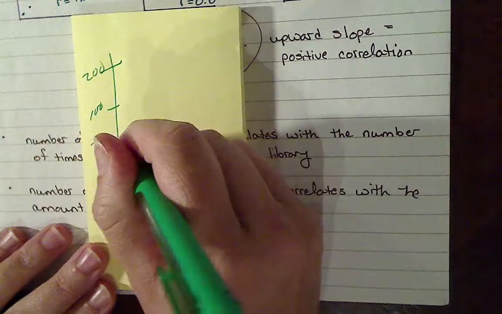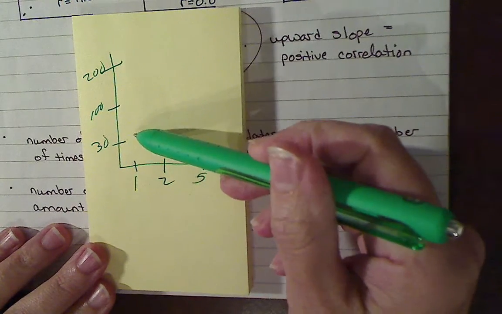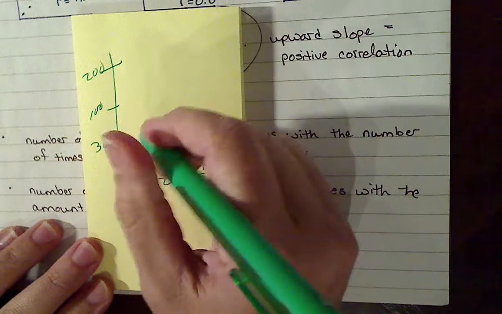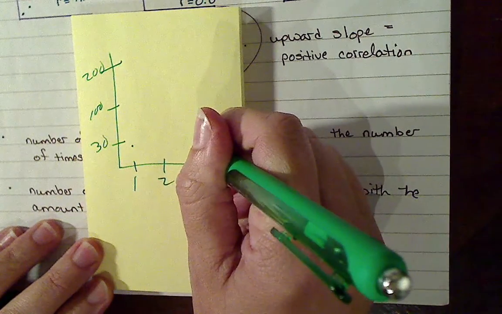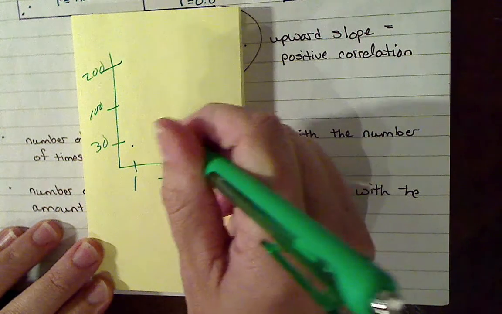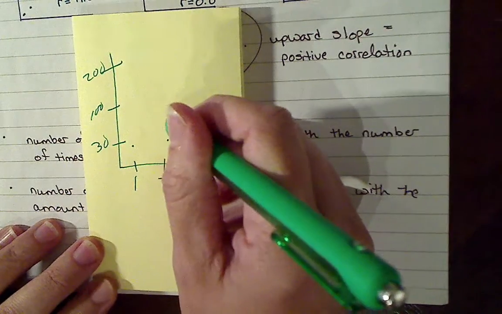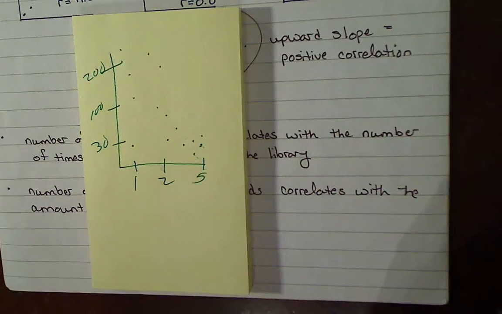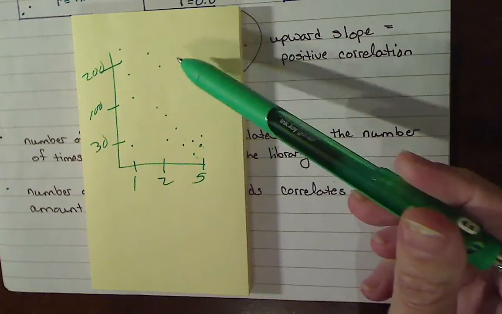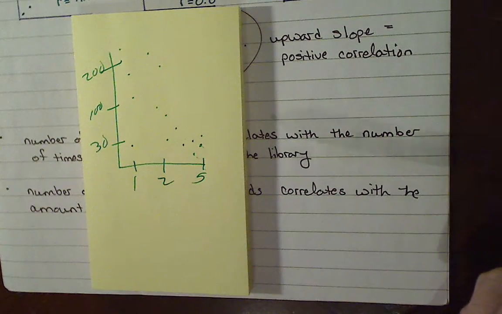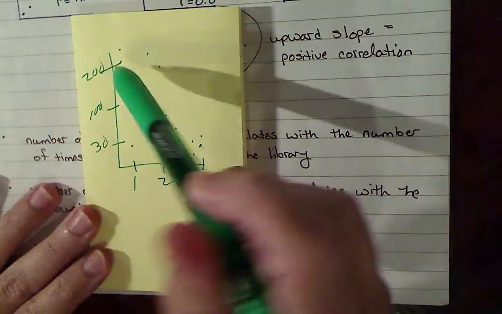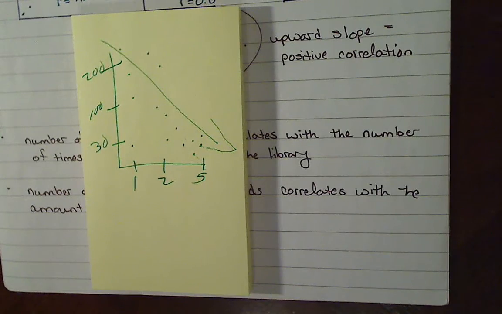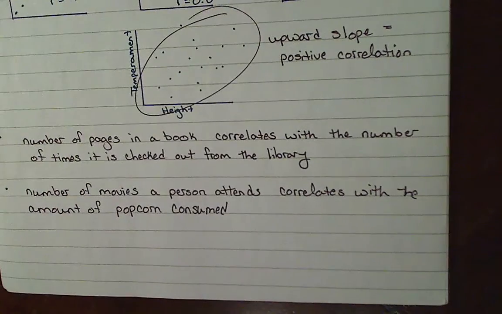More than likely, if it is a smaller book, it's going to get checked out more frequently. Oh, this is a really short book. But then as the number of pages start to go up, you're probably going to have that book checked out fewer times because it's so long and either people don't want to read the book or it takes a long time. Because the line tends to go down this way, that would be a negative correlation.